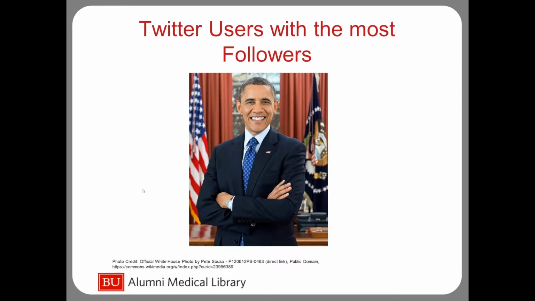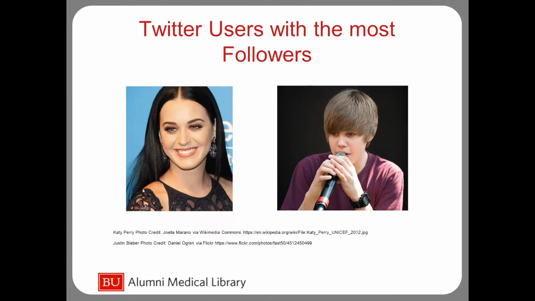I will say, though, just due to the celebrity-driven status aspect of Twitter, the number 2 and number 3 most followed users as of today, Katy Perry and Justin Bieber, might not have the same sort of following of your peers scientifically. But keeping that in mind, about 1 billion people in the world do have Twitter accounts. So some of those people, it stands to reason, are also scientists, also communicators, also your peers.